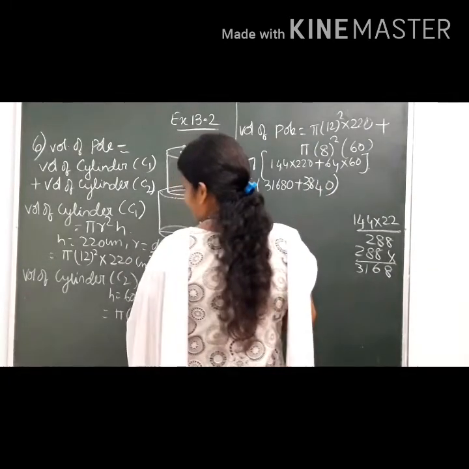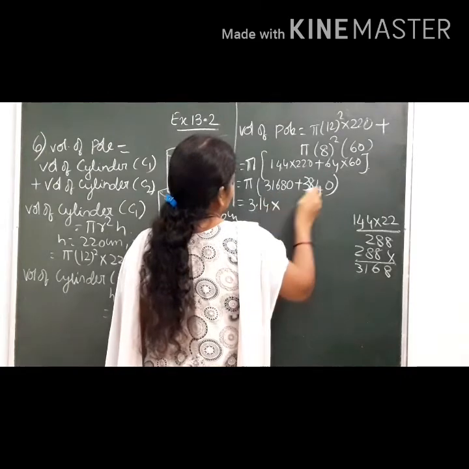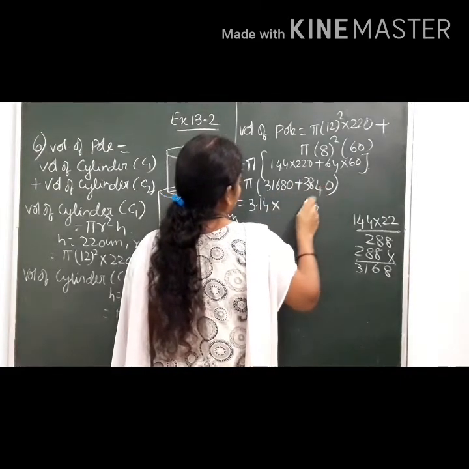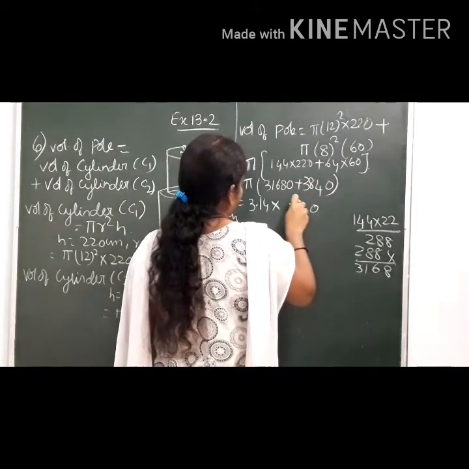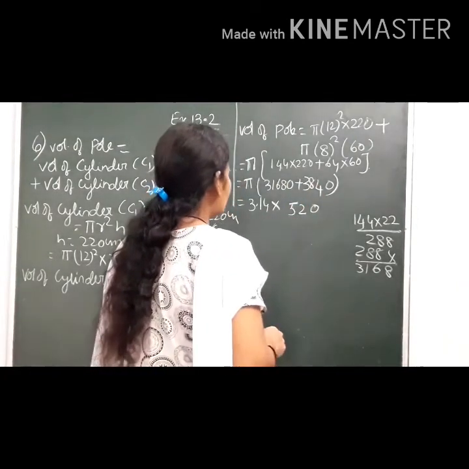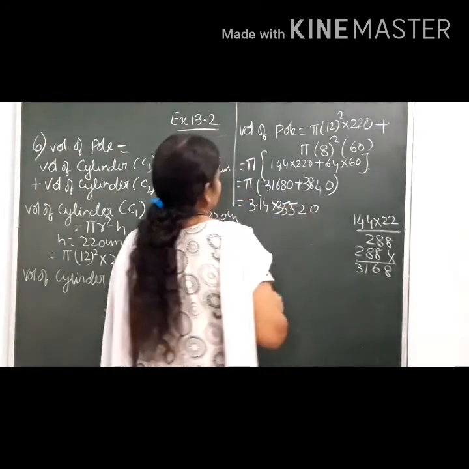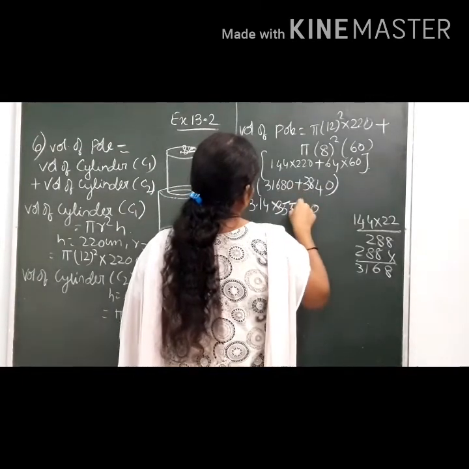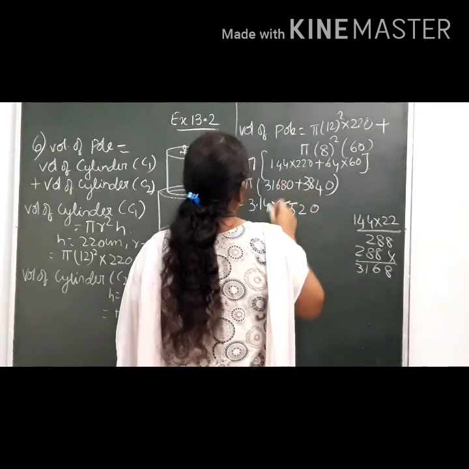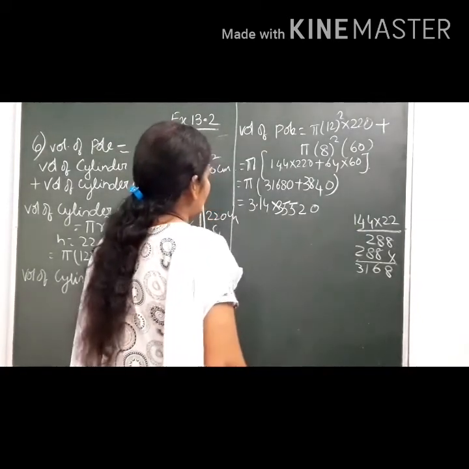So what is the pi value here? 3.14. Adding these, we get 35520. Okay. So now what will you get here?